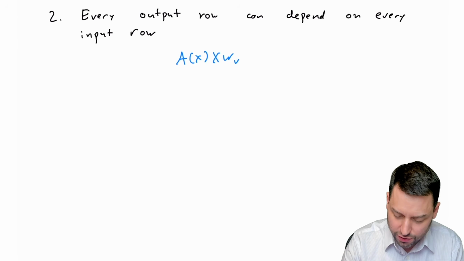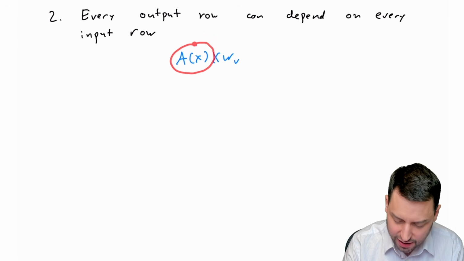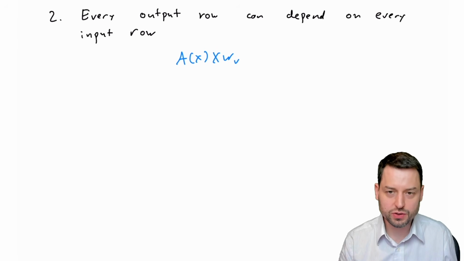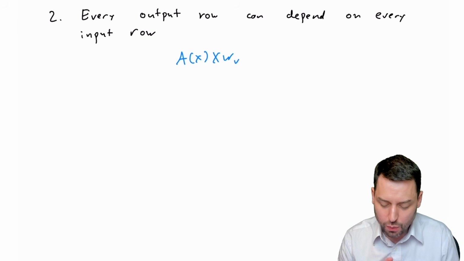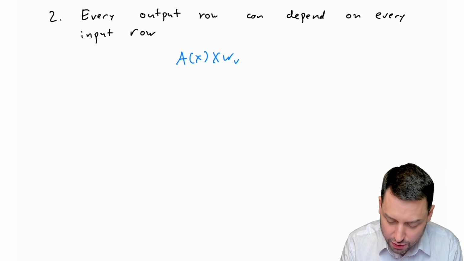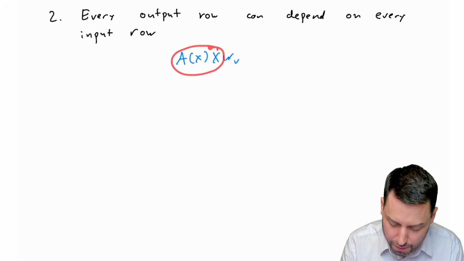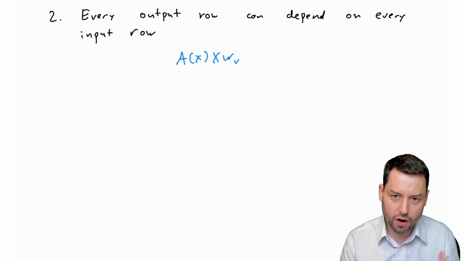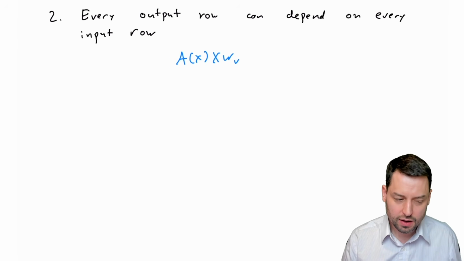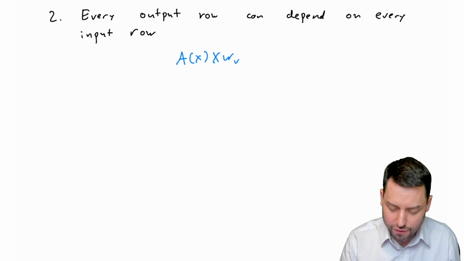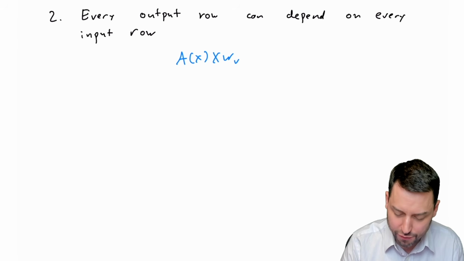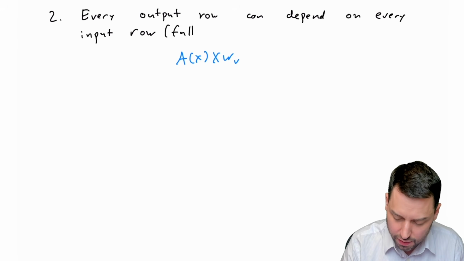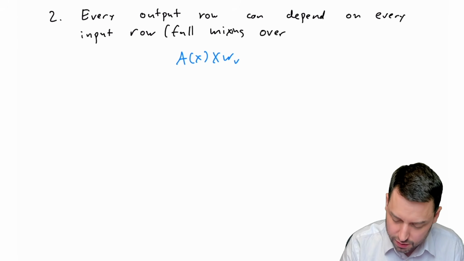And as long as the matrix A is a full matrix, every element here can in fact be non-zero. And what this means is that in the mixing of our elements of X, every output can depend on every row of the input. So in other words, this is a full mixing over the rows.